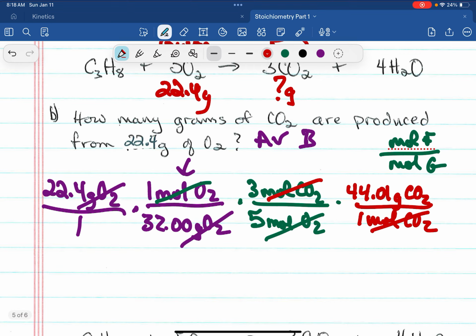Look, here's a trick for doing these problems. Here's what I tell my students. The more buttons you push on the calculator, the more likely you are to push an incorrect button. It's just probability. The more you push, the more likely you are to push the wrong one. If a number is in the numerator, that's the top of the fraction, you multiply. If the number's in the denominator, that's the bottom, you divide.